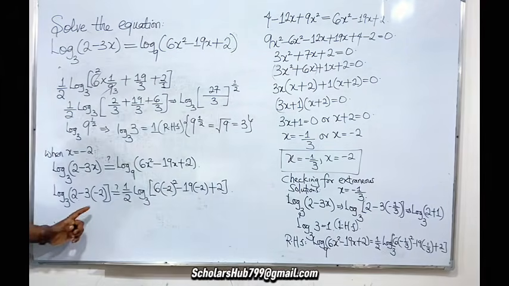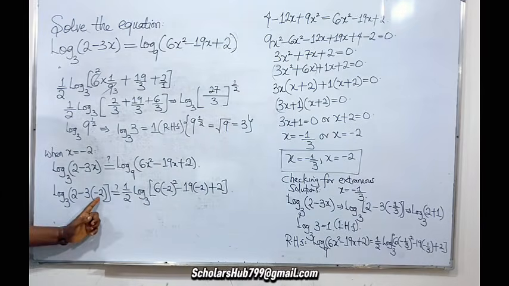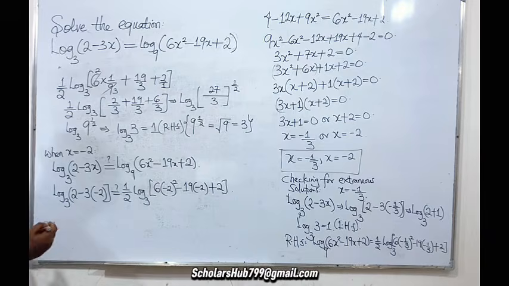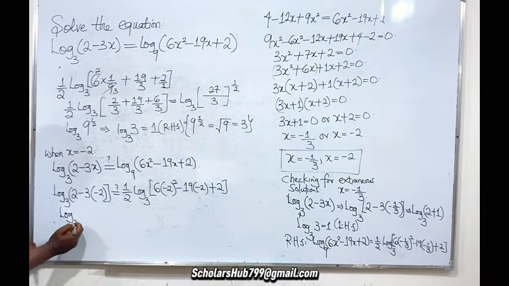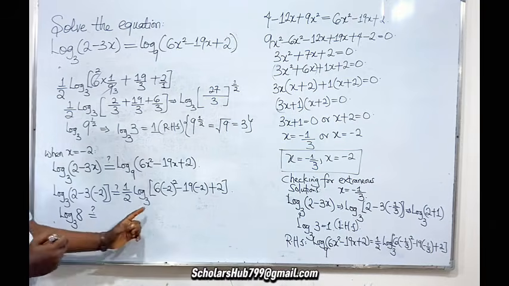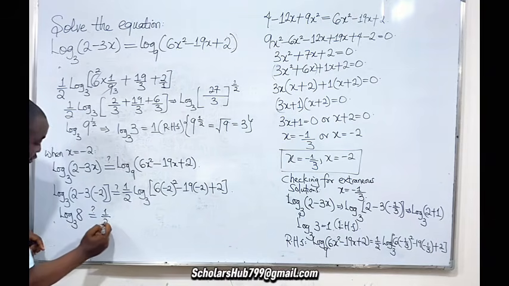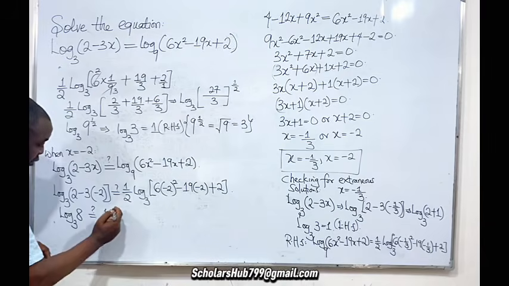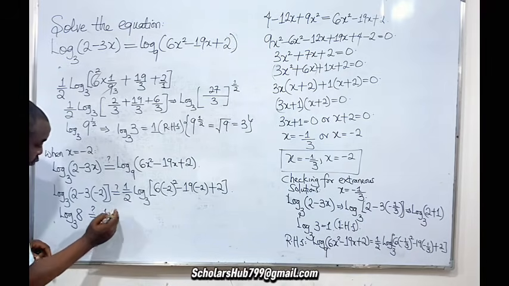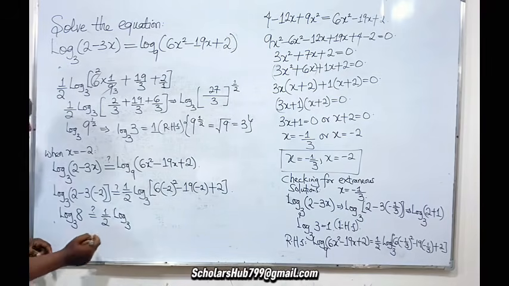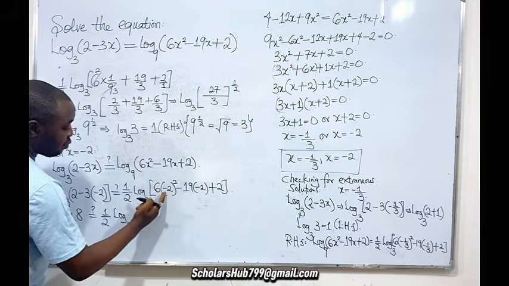In this case, minus 3 times minus 2 will be plus 6. 6 plus 2 will be 8. So the left-hand side is log to base 3 of 8. Now, is this the same as the right-hand side? On the right-hand side we have 1/2 of log to base 3 of the square of minus 2.